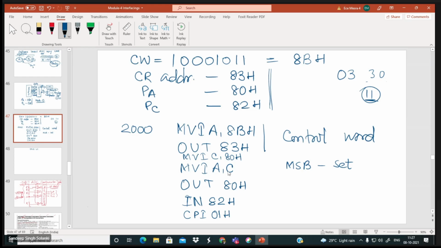I did some changes here. And also you will be requiring a counter, because this thing you want to do for how many times?